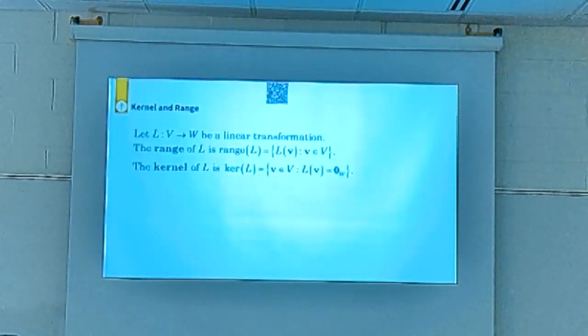That's 1 to 1. All the inputs, so L equals 0. It's the set of all vectors from the domain that map to the 0 vector of the codomain. And so remember, you just set your output equals 0, and solve.